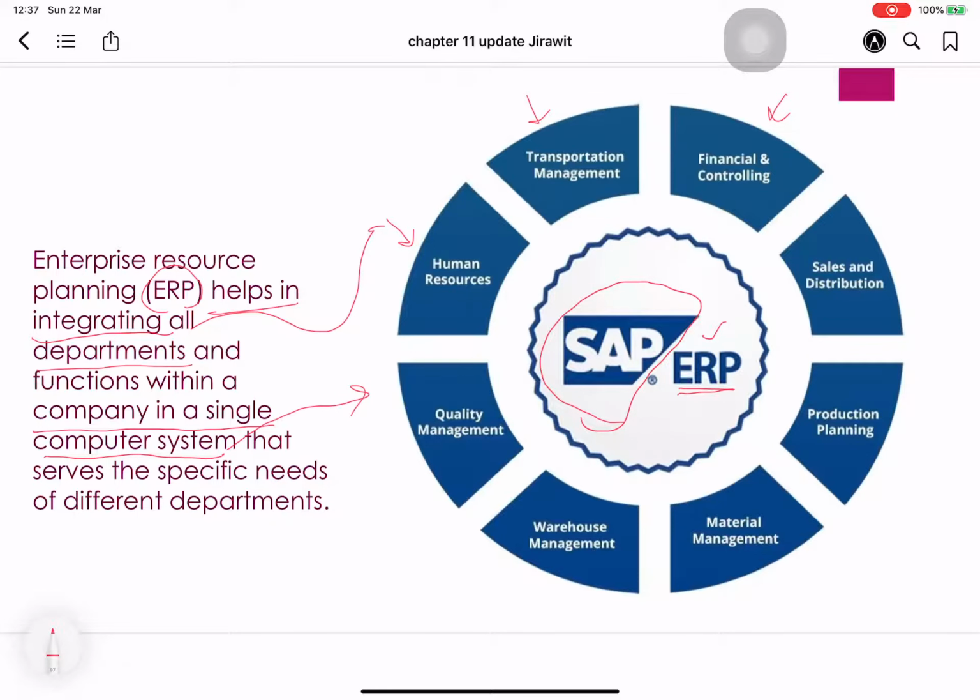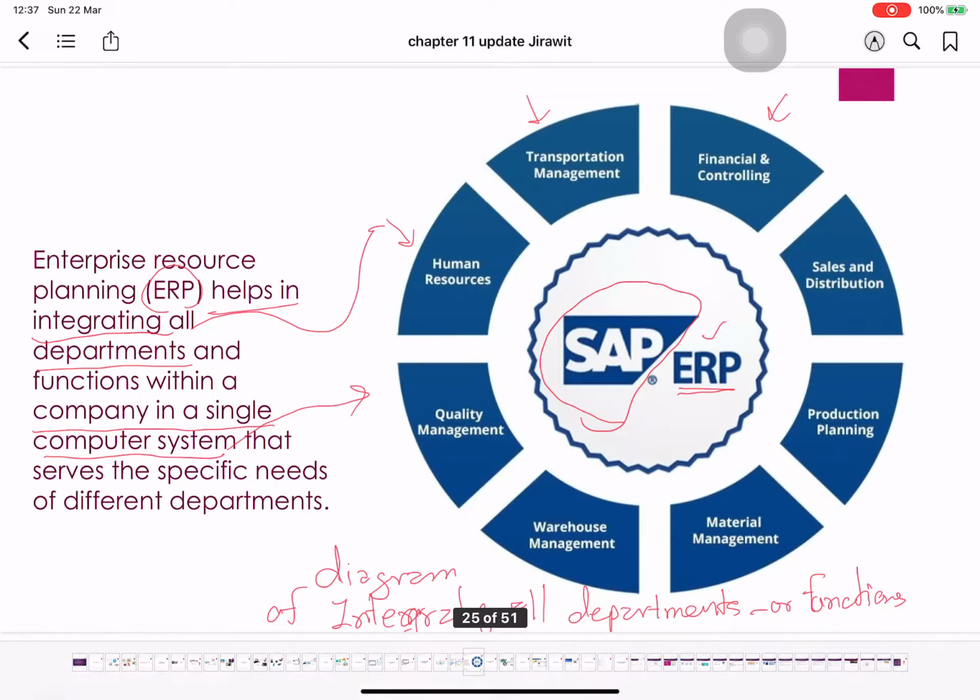This is a diagram of integrating all departments or functions.